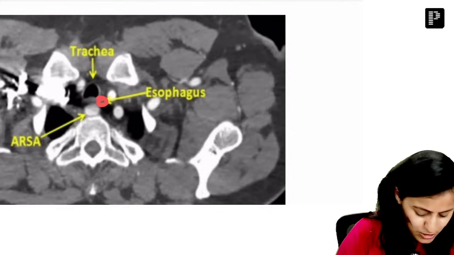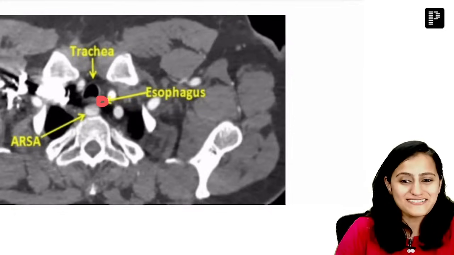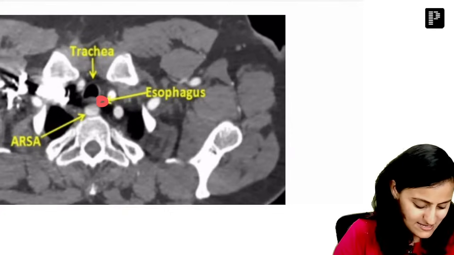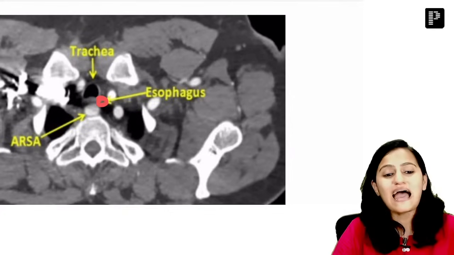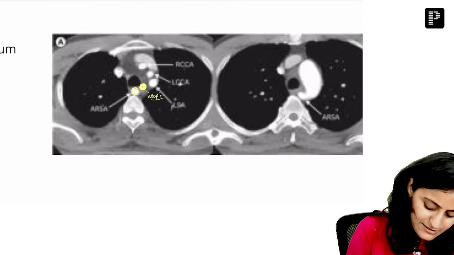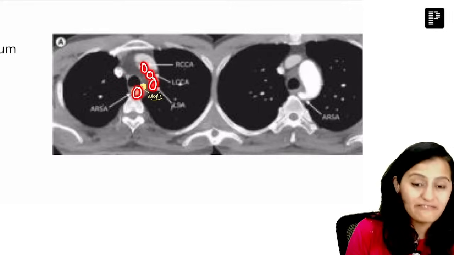So remember, the answer here again is ARSA. Whether you want to accept it or not, the answer is ARSA here. This is going to be aberrant right subclavian artery. So when you see these four branches, 1, 2, 3 and 4.